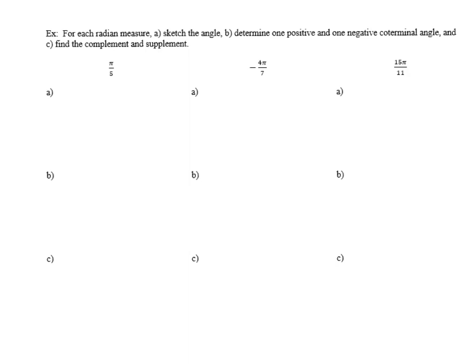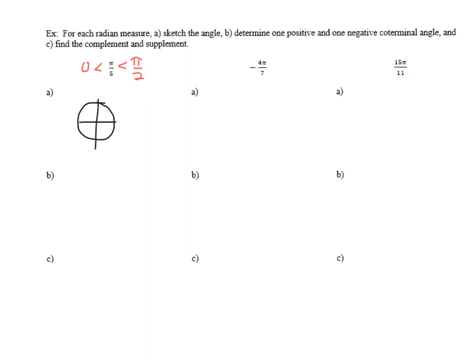Pi over 5 would be the same as 1/5 pi. Now 1/5 pi is going to be greater than 0, but it's less than 1/2 pi. 1/5 would be smaller than 1/2. So we know that that would be true. That means our radian measure is going to be somewhere on our circle in quadrant 1.